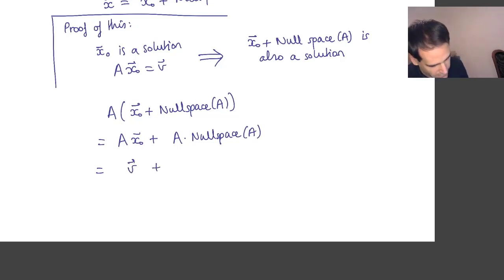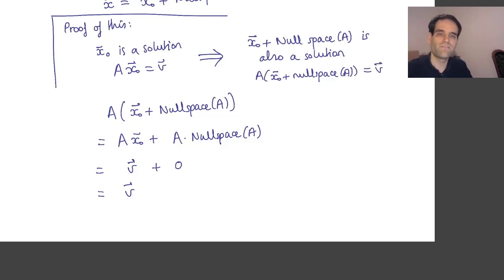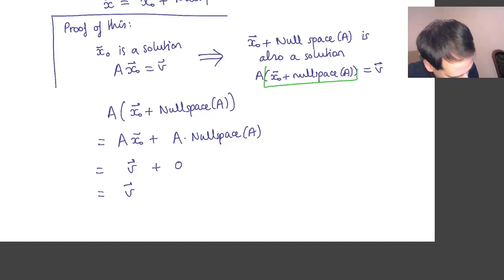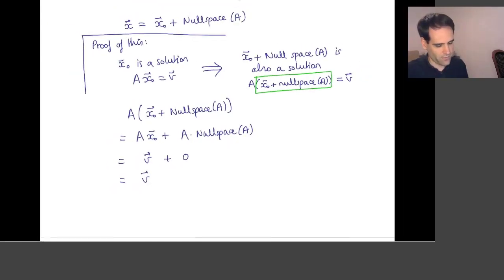And we know that A times the null space of A, so any vector within the null space, is equal to 0 because that's the definition of null space. So you get V plus 0, which equals V. So we have proven that A of x0 plus the null space of A is a solution to the problem Ax equals B. So that's the way in which you can know the general solution that I'm asking you for.